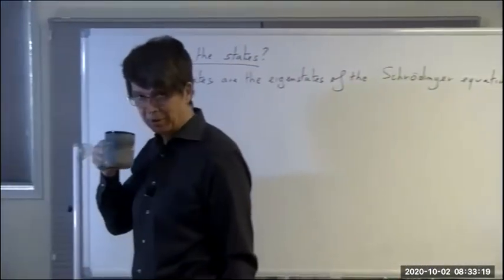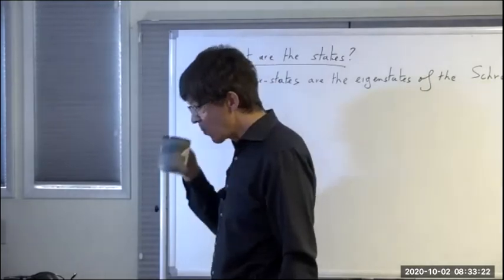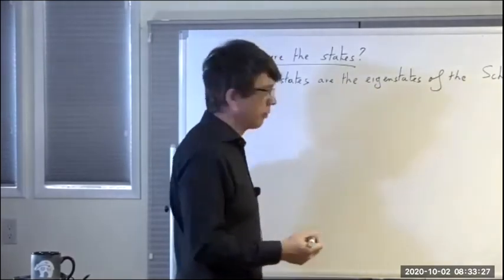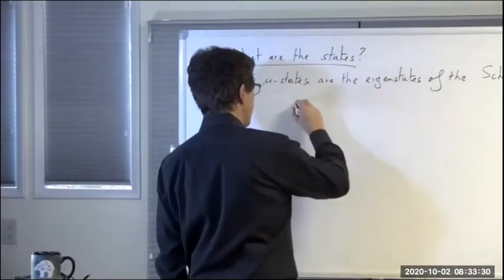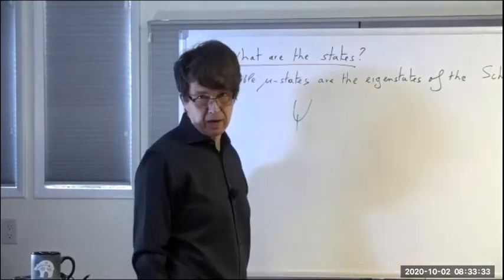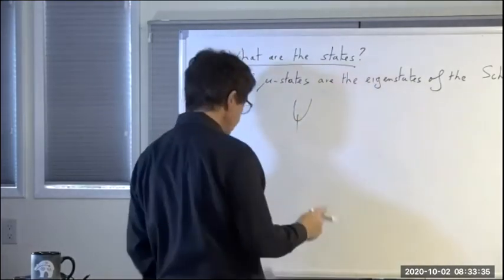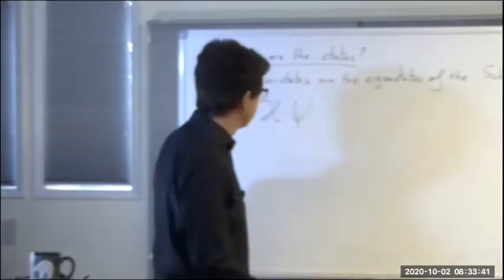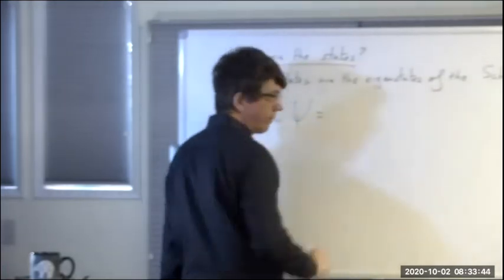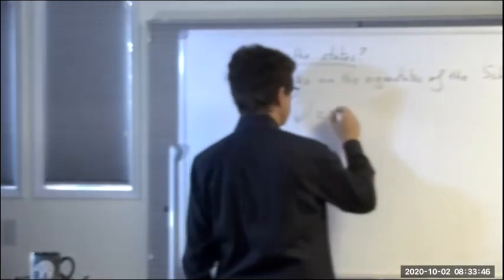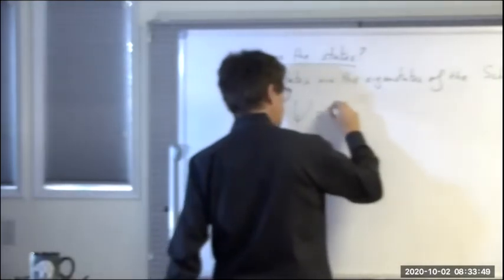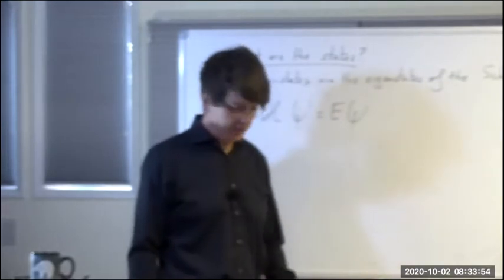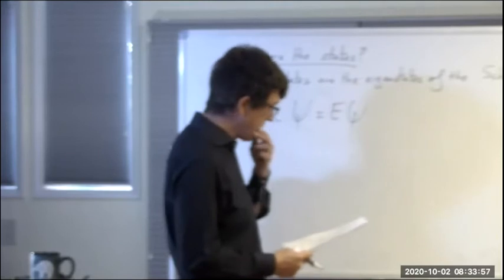We will be limited to particle in a box. So remember the general Schrödinger problem is that you're looking for a wave function that describes your system. And the way you do that is by looking for the eigenstates of this problem. The Hamiltonian operating on the wave function has to return the energy of the system times the wave function again. So if that is satisfied, then psi here is an eigenstate.